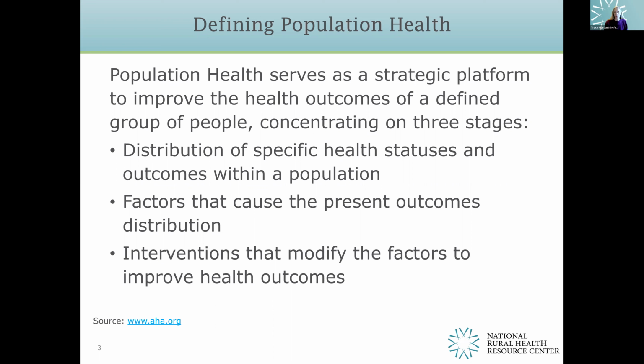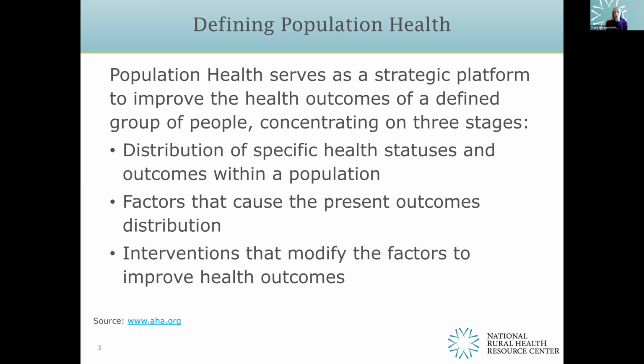So an example might be that we're working with a group of type 2 diabetics between the ages of 25 and 45 years old, insured by Medicaid, and they show up for maybe 50% or less of their first scheduled appointments to check in on their diabetes state. So that's a concern, right? We want people to show up for their appointments in our facilities to help modify their outcomes and help them with longevity and well-being.